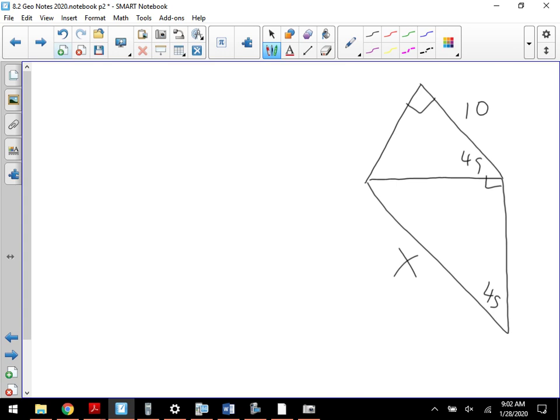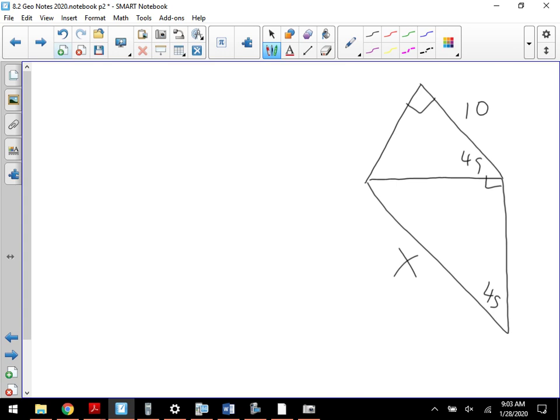We need to work from one triangle to the other to find out what the missing side is. In this type of problem, we're looking at just solving for one side, but yet you have to use multiple parts to get there. So what we do is we look at the diagram to figure out what type of triangle do you have value for.